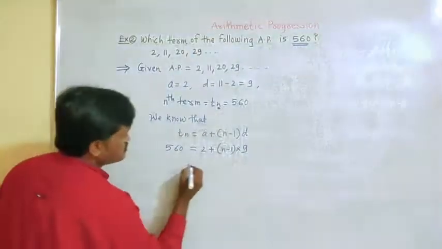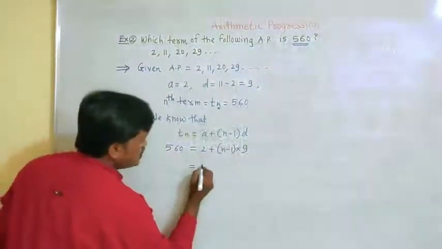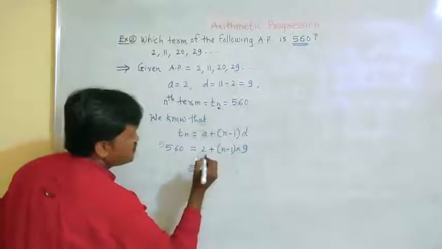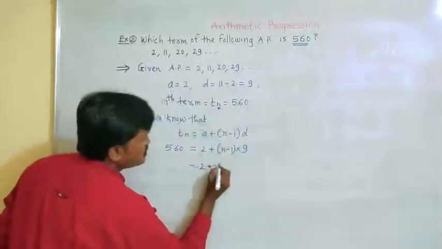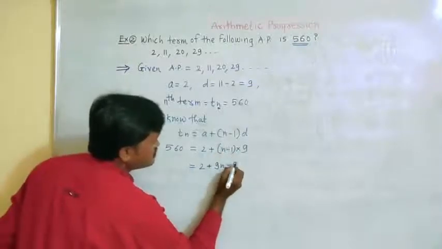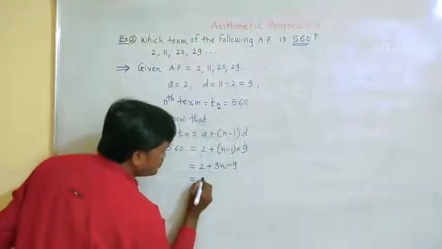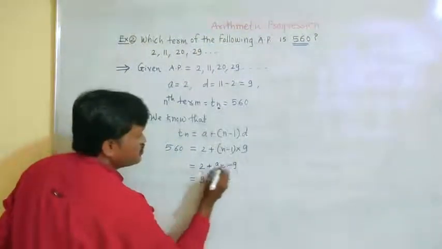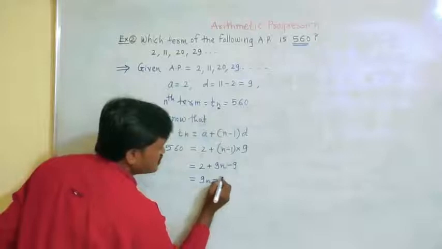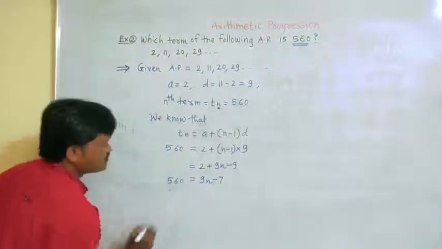So solve this now. How to solve this? These two same as it is, multiply this 9 to this bracket: plus n into 9 is 9n and minus 1 into 9 is minus 9, is equal to... I write this 9n same as it is, and 2 minus 9 is minus 7, and this 560 same as it is.